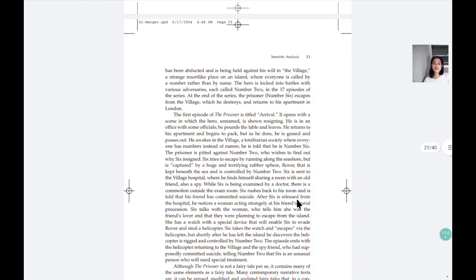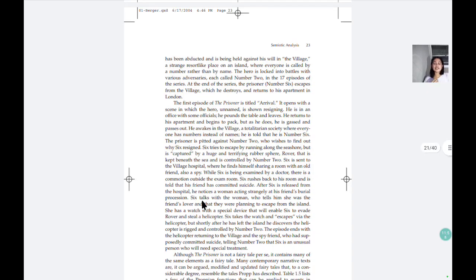After Number 6 is released from the hospital, he notices a woman acting strangely at his friend's burial procession. Number 6 talks with the woman, who tells him she was the friend's lover and that they were planning to escape from the island. She has a watch with a special device that enables Number 6 to evade Rover and steal a helicopter.